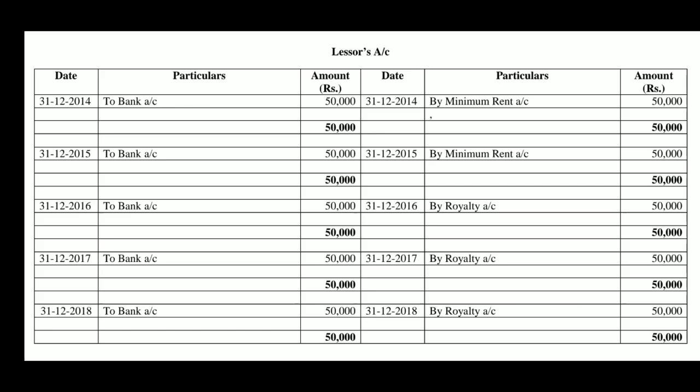So, here royalty is 55,000, though 5,000 was utilized for the recoupment. Therefore, net amount due to the lessor is 50,000, which is credited to lessor's account. Lessor's account credited by royalty account rupees 50,000. When payment is made, the net amount is paid after the recoupment. Therefore, lessor's account attached to bank account 50,000.